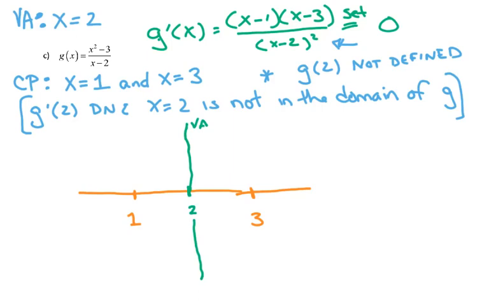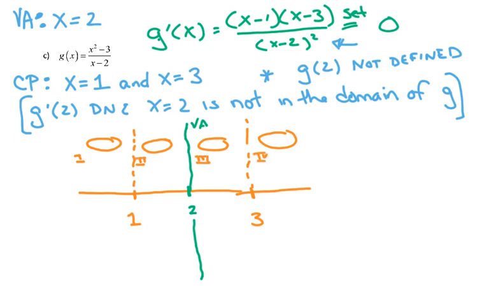And so I need to check the signs of my derivative in actually 4 intervals, because we have to check either side of a vertical asymptote to see what happens to the original function. So here is our derivative. It has 3 factors that we're going to be dealing with.